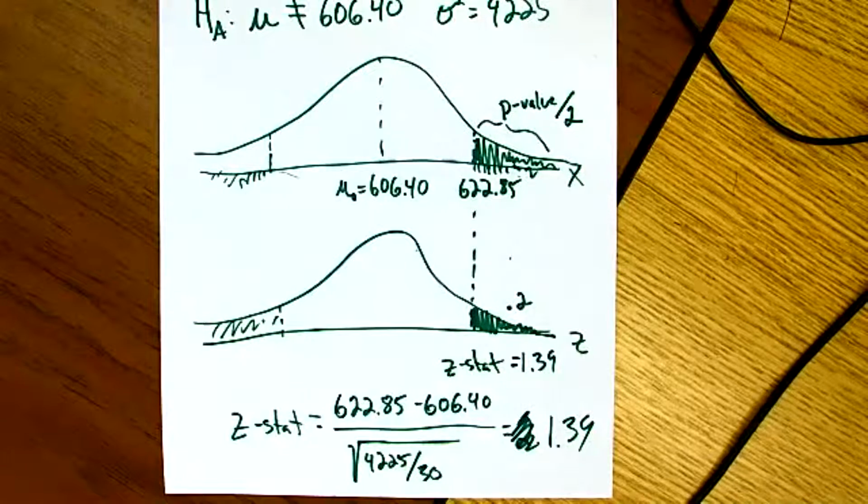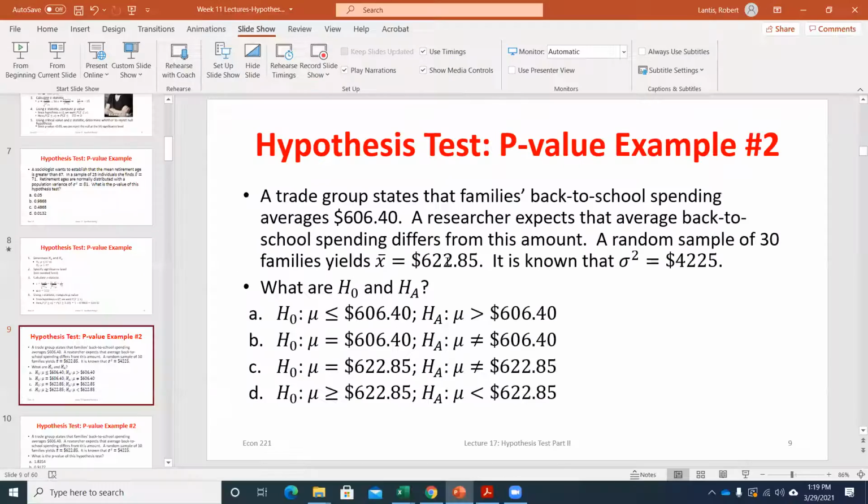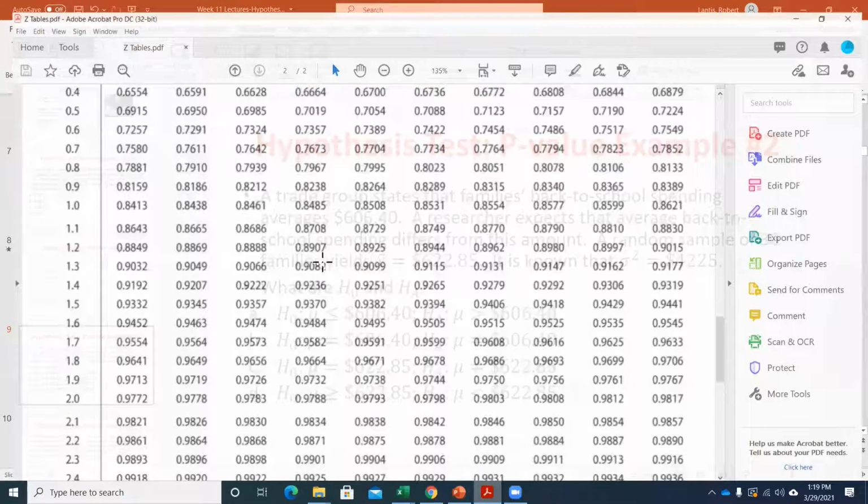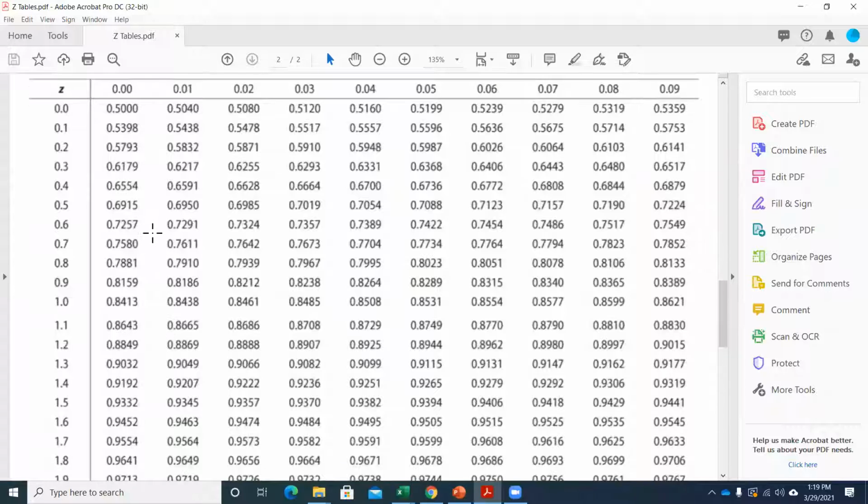So what I'm going to do is then look that value up in my standard normal tables. 1.3 all the way over to the last column, so 1.39, 0.9177.